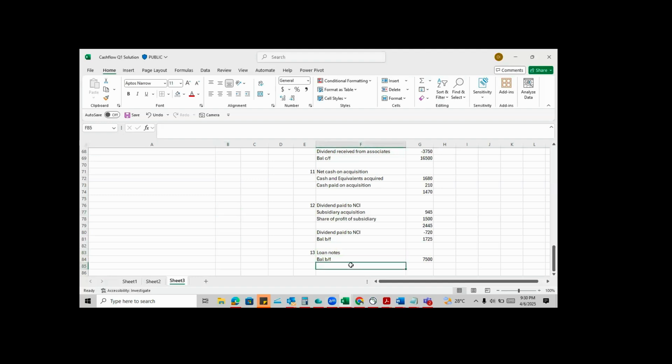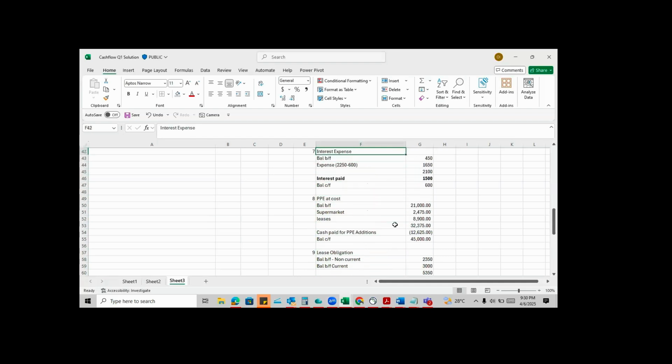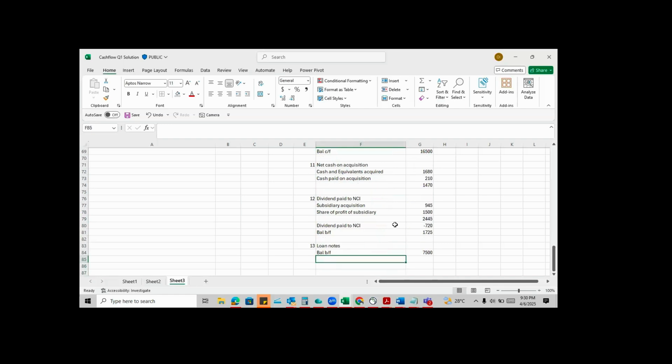Now, remember that I deducted a 600 here when we were dealing with interest expense, finance cost. I deducted that 600 because it was particular to this loan note.